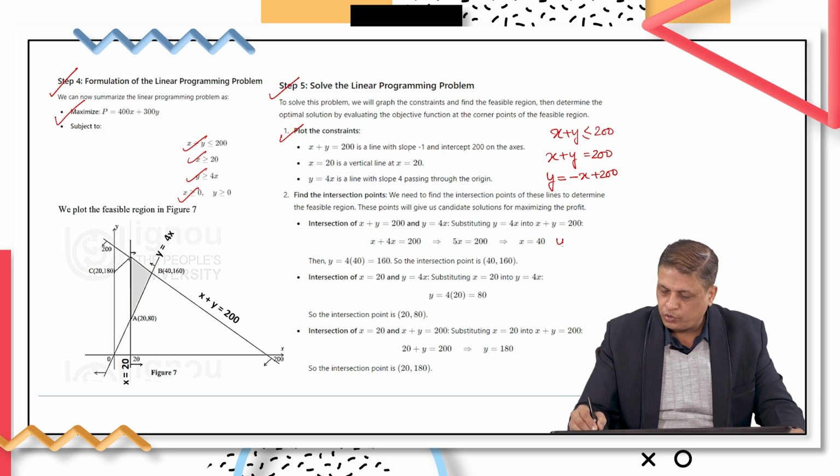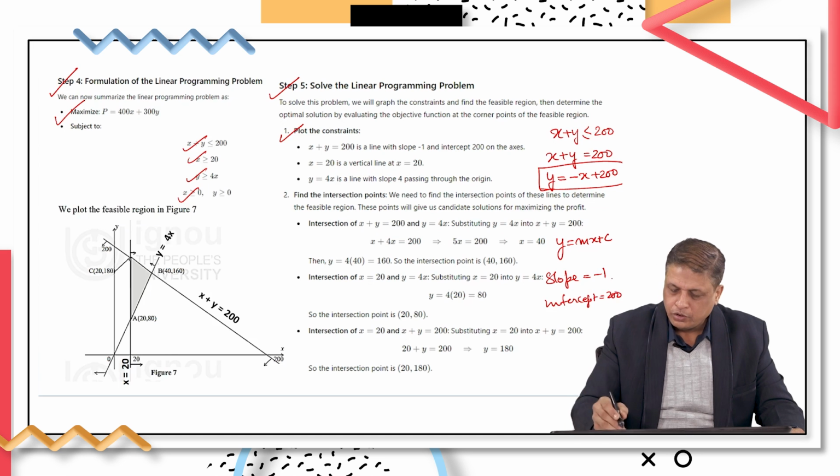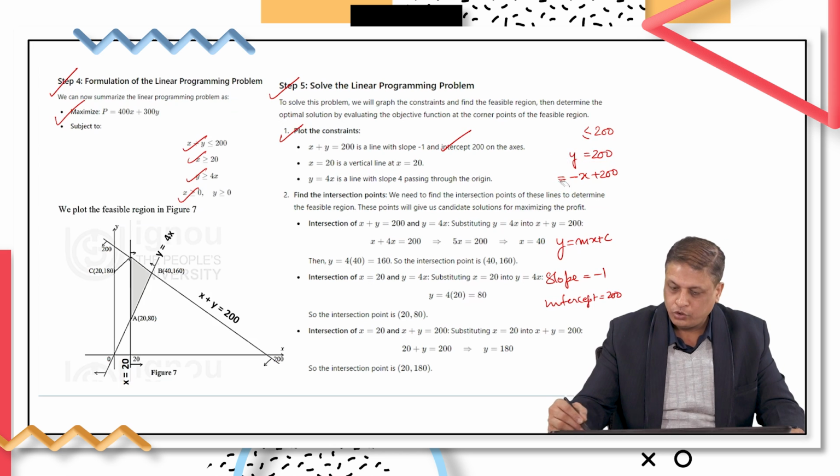Looking at the equation y is equal to mx plus c, this line has slope equal to minus 1 and intercept equal to 200.